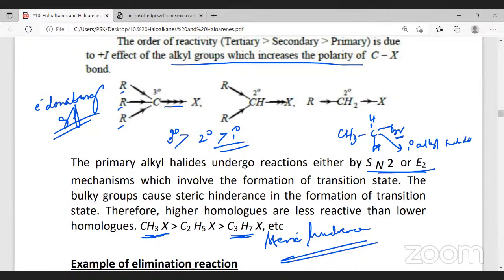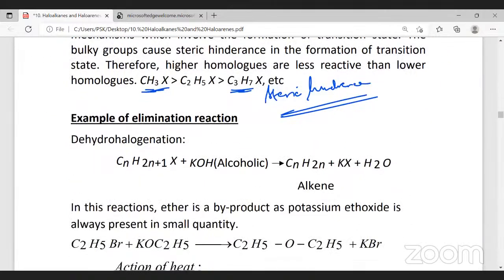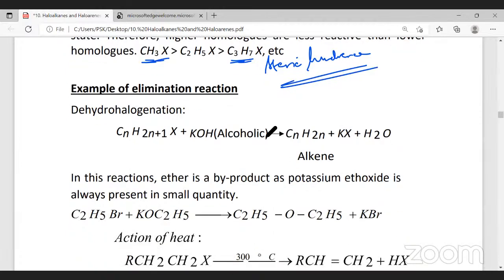Examples of elimination reaction. What are the examples of elimination reaction? The first one is called dehydrohalogenation. What do you mean by dehydrohalogenation? De stands for removal.